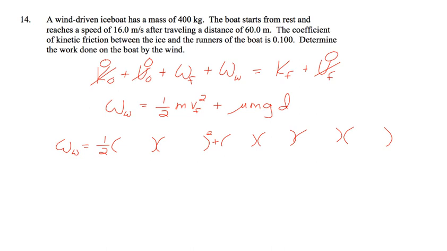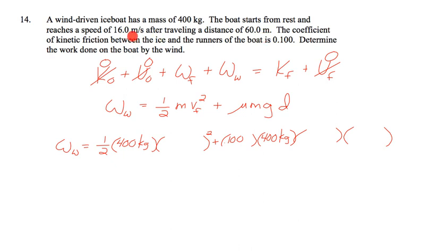So the mass is 400 kilograms, so that's going to go right there, and that's going to go right here. The coefficient of friction is 0.100, so there's the mu, that's going to go right here. The velocity is 16 meters per second. It goes from 0, that's why the original kinetic energy was 0, and reaches a speed of 16 meters per second after traveling a distance of 60 meters.